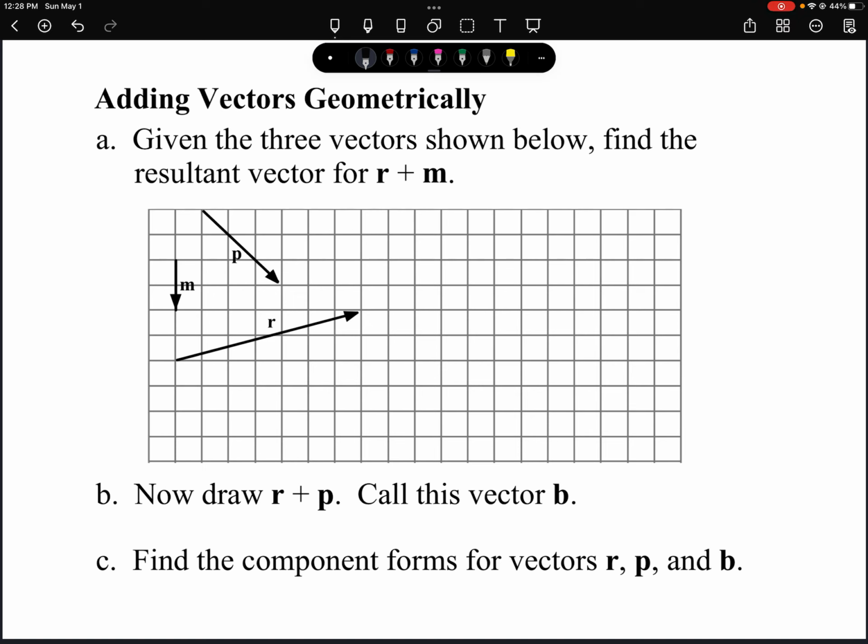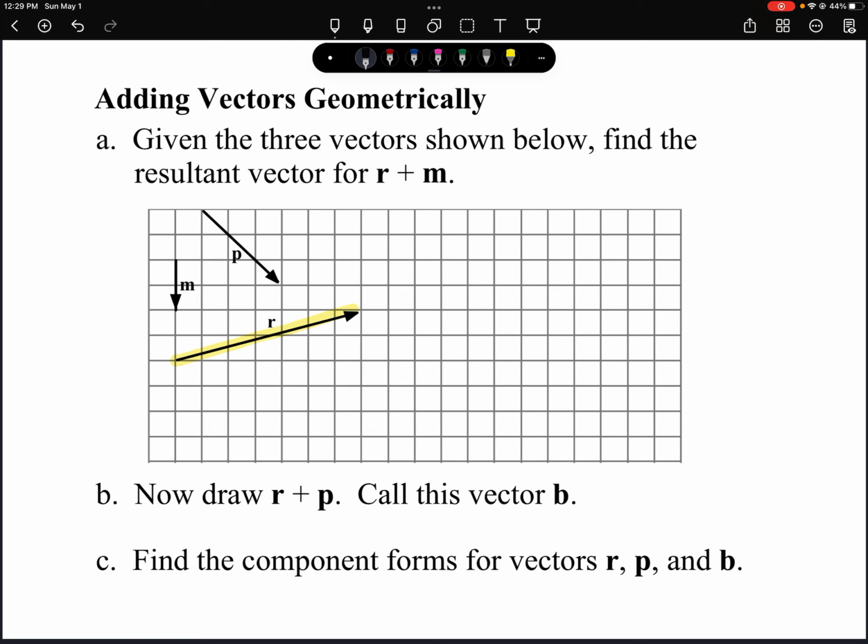Moving on. So adding vectors geometrically. It says, given the 3 vectors shown below, find the resultant vector for r plus m. So we've got m, p, and r, and they want us to take r and add m to it. When we're adding m to it, it's like one of those sequences we did a slide or so ago.